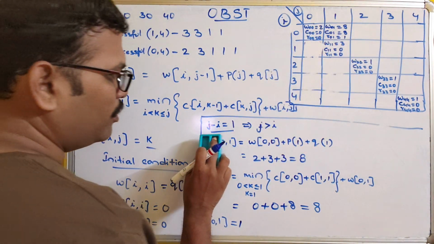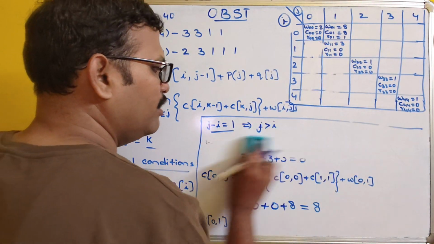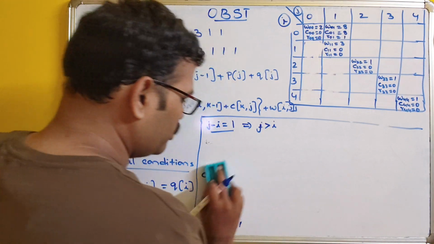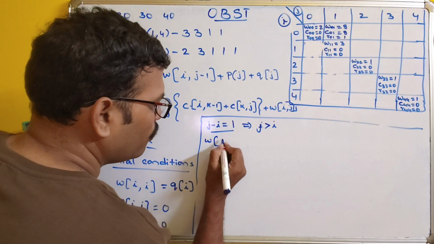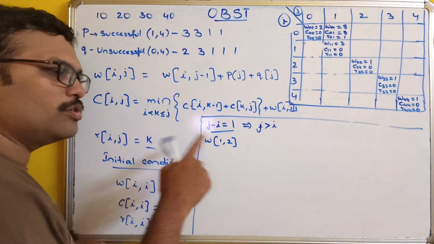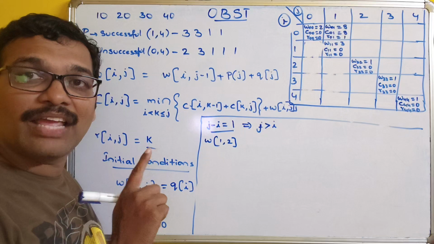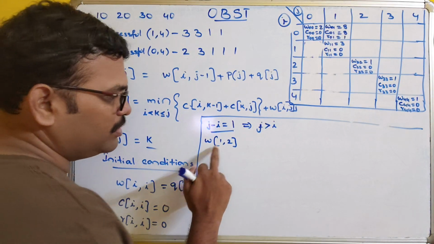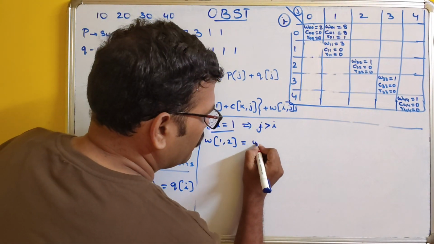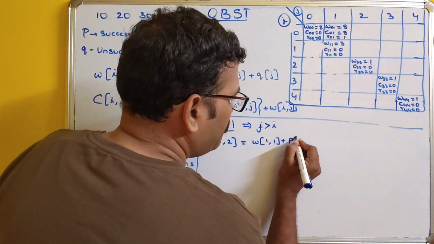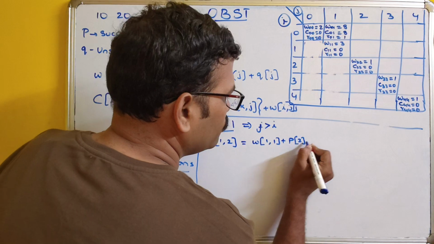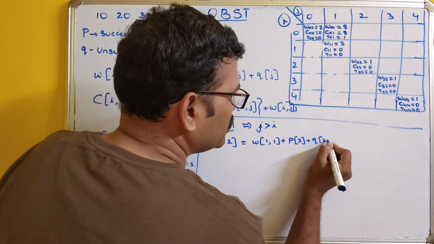Okay. Now what we have to do? Again we need to calculate a few more things, which is W of 1 2. In this case also the j minus i value is 1, right? So it is W of 1 comma 1 plus P of j, that means 2, plus Q of j, which is 2.